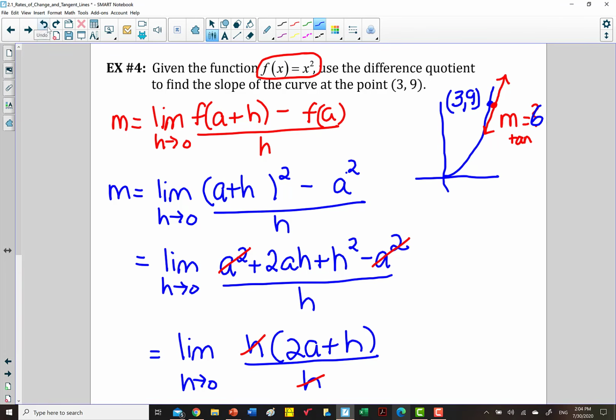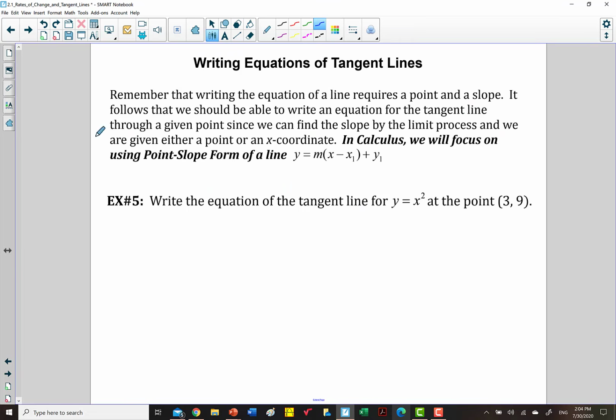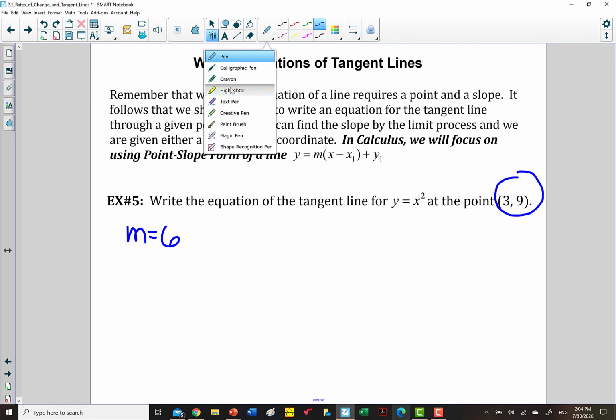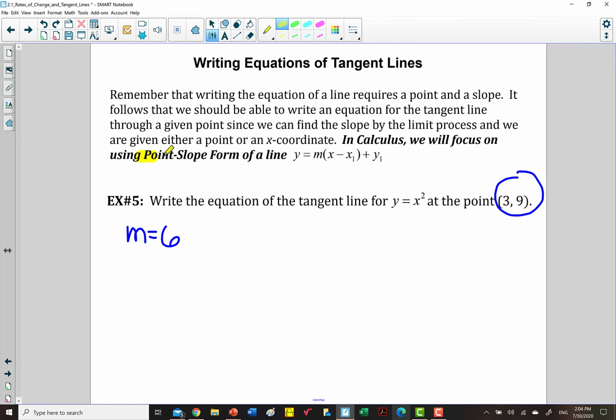So now that we know that slope, can you write the equation for that line? To write any equation for any line, you need a point and you need a slope. So we can do that. Notice the preferred formula in AP Calc is going to be point slope form.